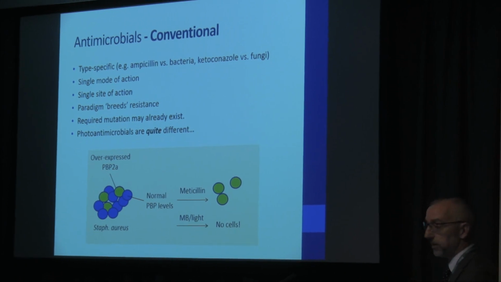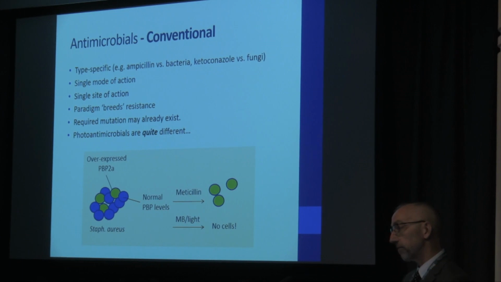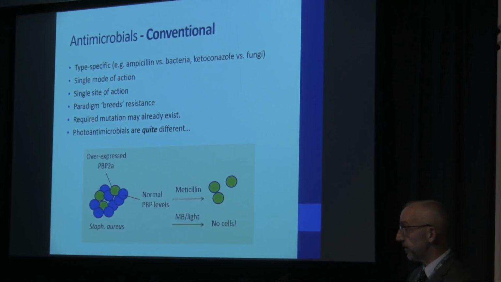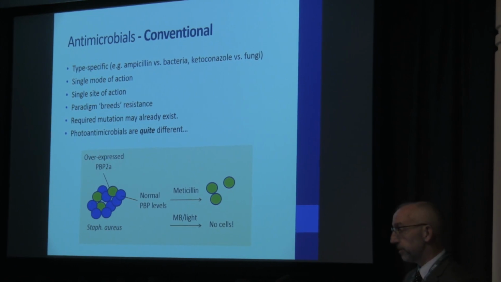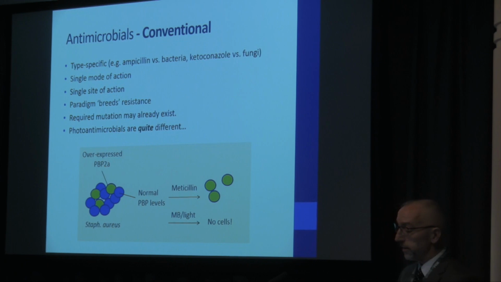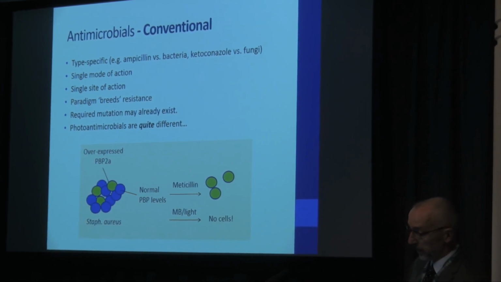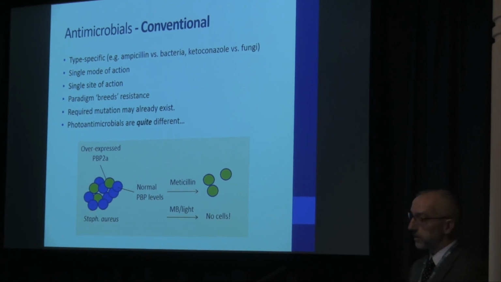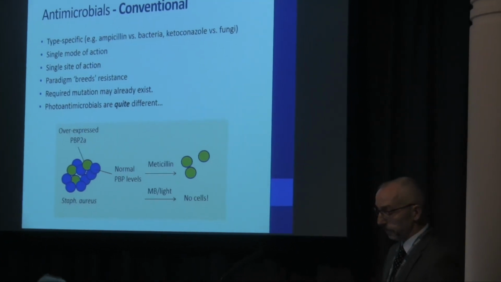When it's a single site of action and a single mode of action, it doesn't take very much to get around that. And when we have a mutated bacterium, it's more likely that if you've got a single mode of action, a single site of action, you'll get resistance. I'll talk a little bit about that now. So this single site, single mode breeds resistance, encourages resistance.